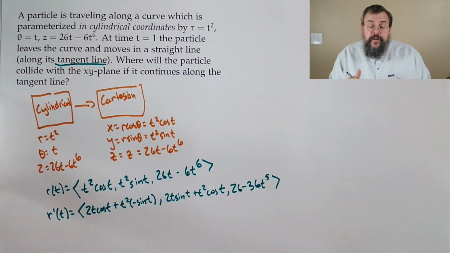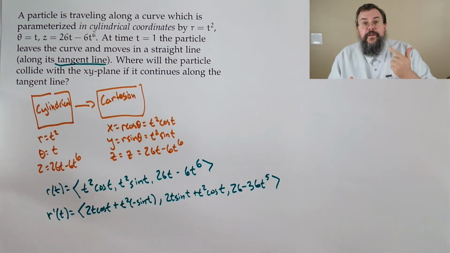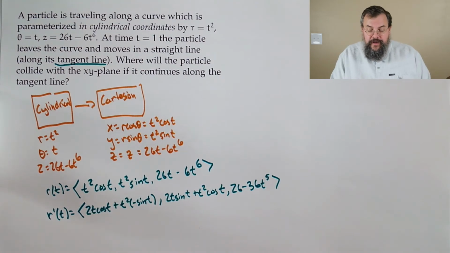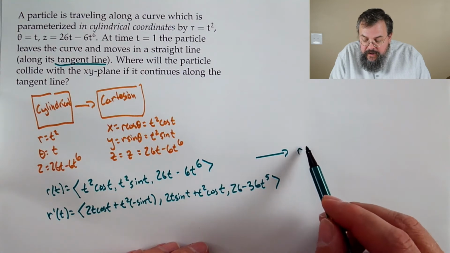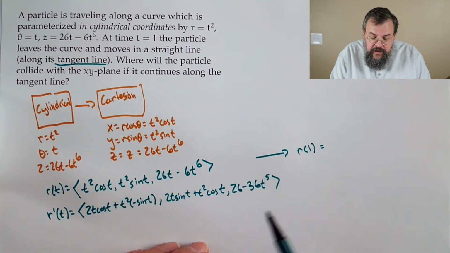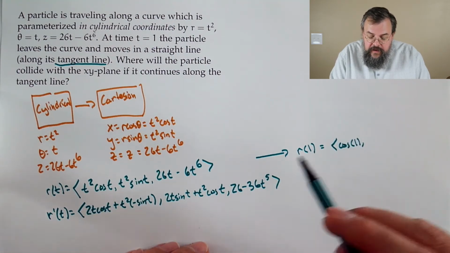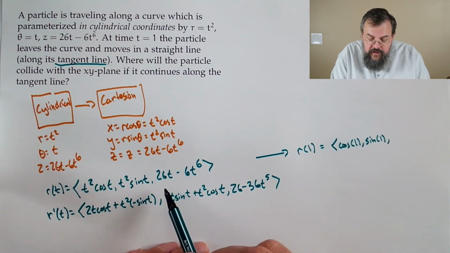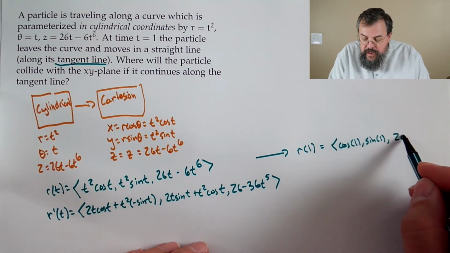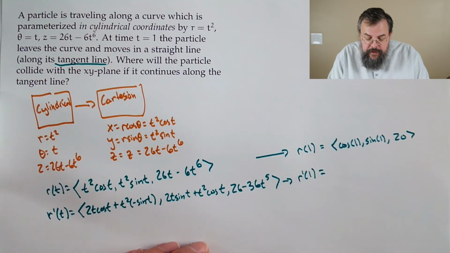So we need to compute what's happening at the point. That's plugging 1 into the curve, and for the direction, plugging 1 into the derivative. So r of 1 is cosine 1 and sine of 1, and 26 minus 6, 20. Plug it into the derivative, r prime of 1.